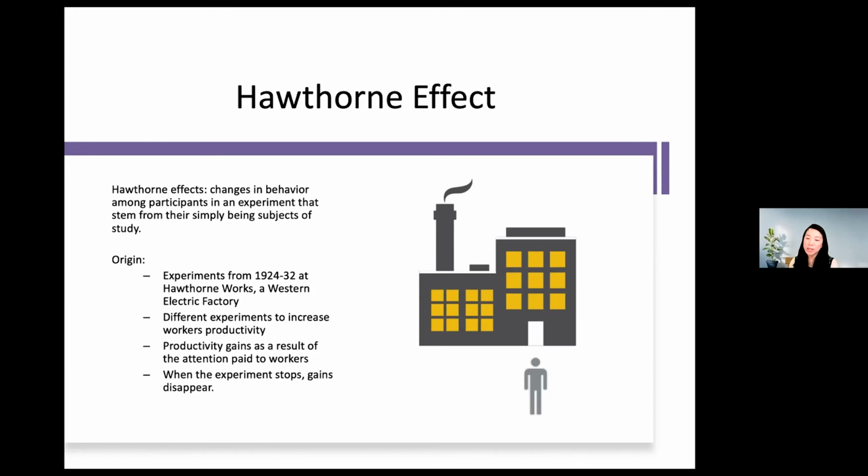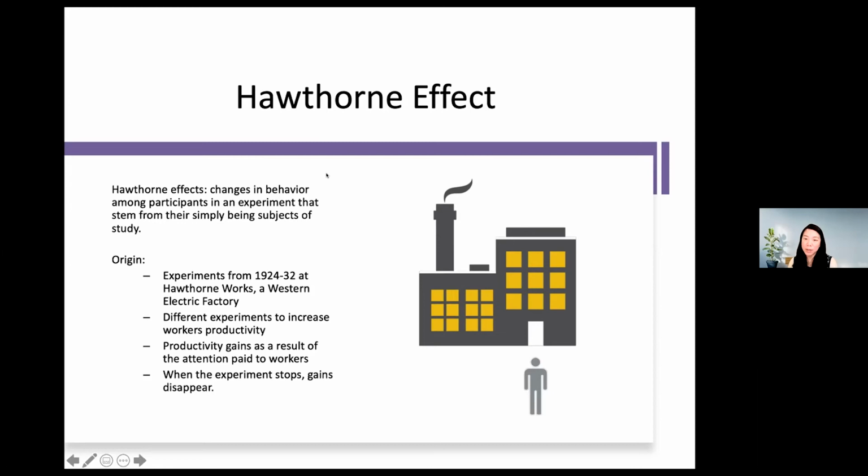Because the workers know that they're being experimented on, they work harder during the experimenting phase. So the researchers saw a huge gain in productivity during the experiment phase, but once the experiment stops, the gains disappear.